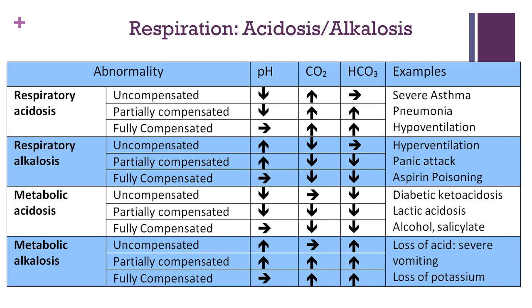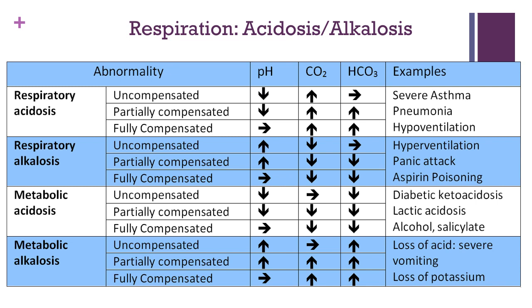But we're going to start to see an increase in bicarbonate as the body attempts to compensate using metabolic approaches to take away some of that acid from the blood. When someone is fully compensated in respiratory acidosis, their pH will be within normal range, even though their carbon dioxide is higher, and their bicarbonate will be higher in order to compensate for it.